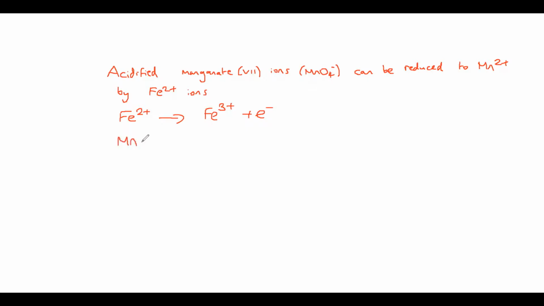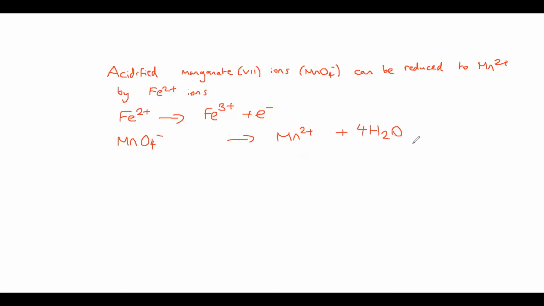We have MnO4-, as it's told us in the question, and we know that we're producing Mn2+. Now, this isn't as simple as it seems because our oxygen isn't accounted for on the right-hand side, and we know we have to balance things as the oxygen can't just disappear. So we have 4 oxygens on our left-hand side. So to balance that out, we add 4 waters to the right-hand side, as our oxygens now cancel out.